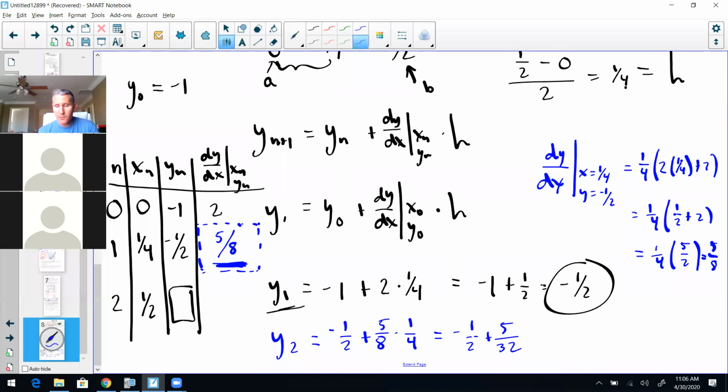Well, negative 1/2 is also known as negative 16/32. So when I add these guys, I'm left with what? Negative 11/32. And that's my y sub 2 approximation by using Euler's method.